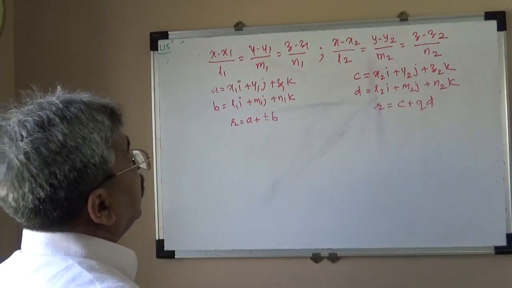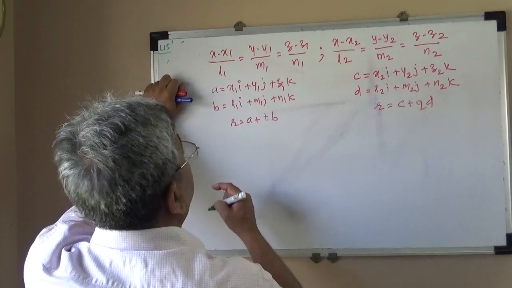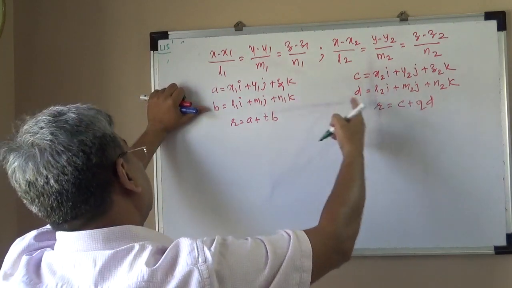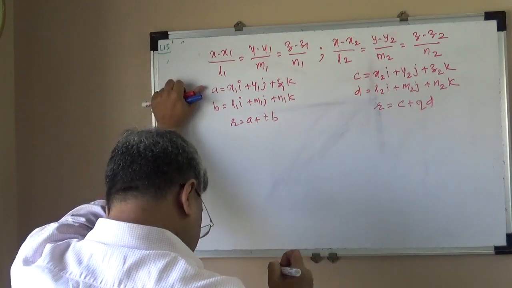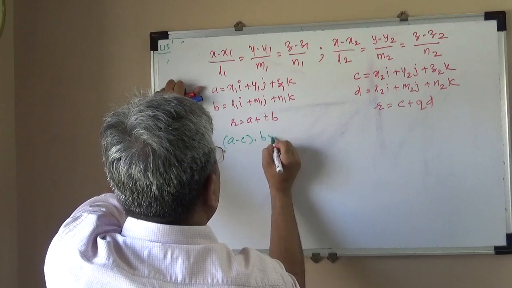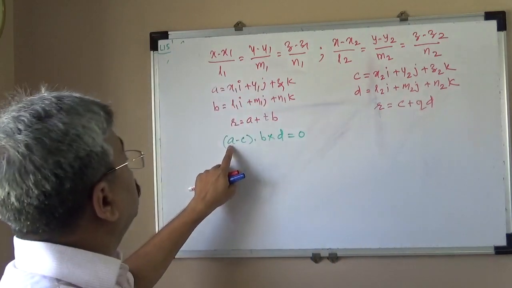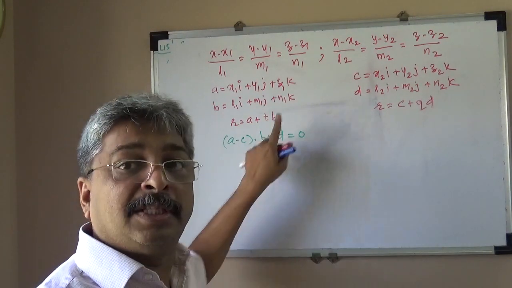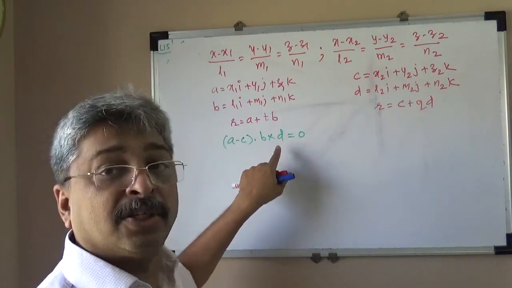And then the condition for coplanarity of the two lines was: if you take the box product of B cross D with A minus C, so (A minus C) dot (B cross D), if it was 0, that means box of ABD is equal to box of CBD. That means these two lines are coplanar, which we have done in a few lectures before.